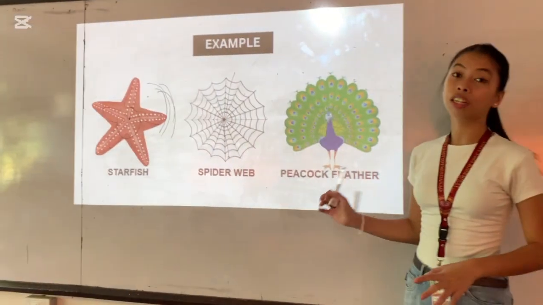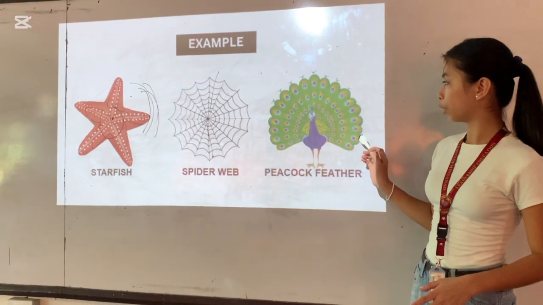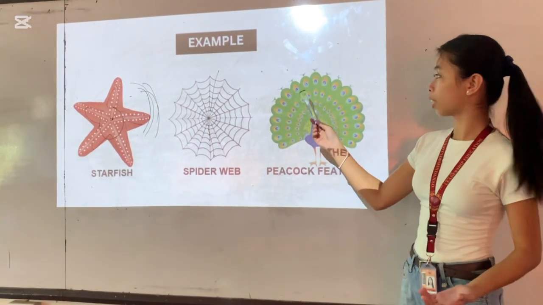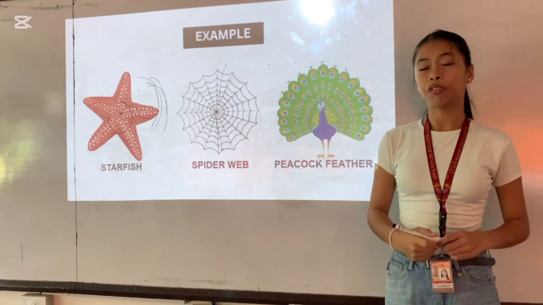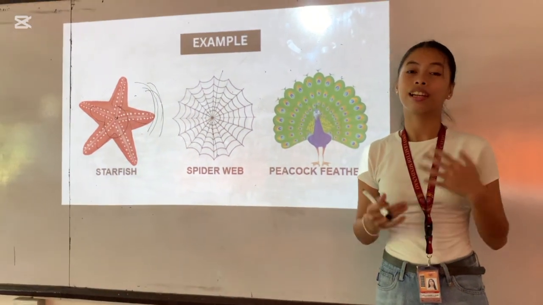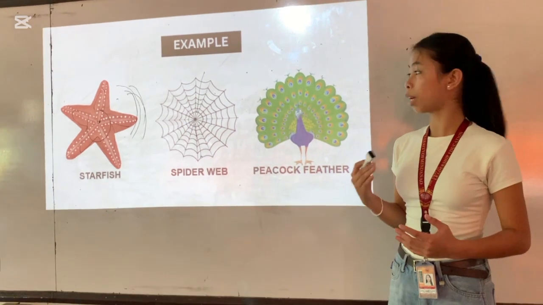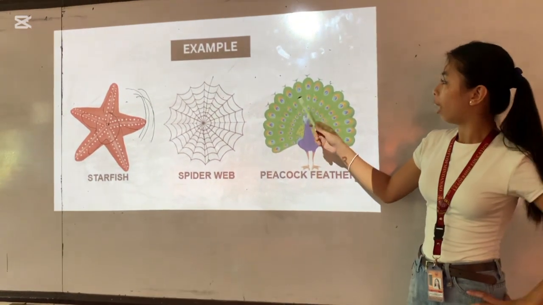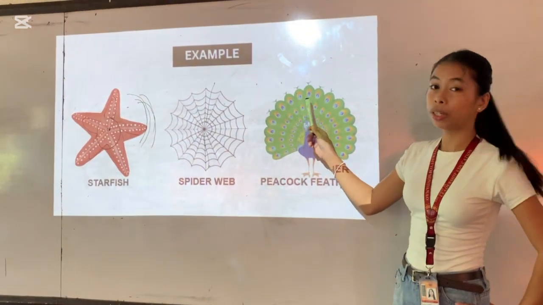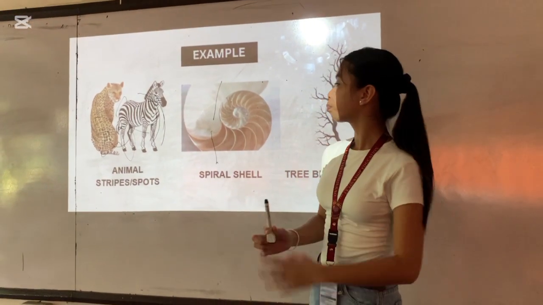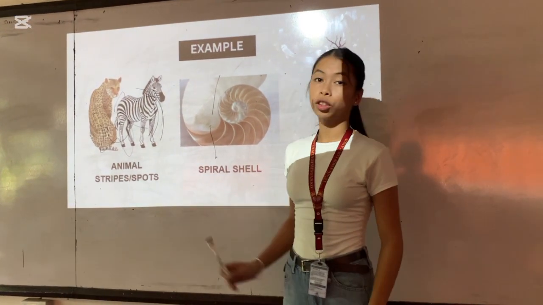Next is a peacock feather. A peacock feather has a central line creating patterns on either side which mirror each other. From the word itself, mirrors, it is definitely reflectional symmetry. It is reflectional symmetry because one side of the feather mirrors the other side. Another example, animal stripes or spots.